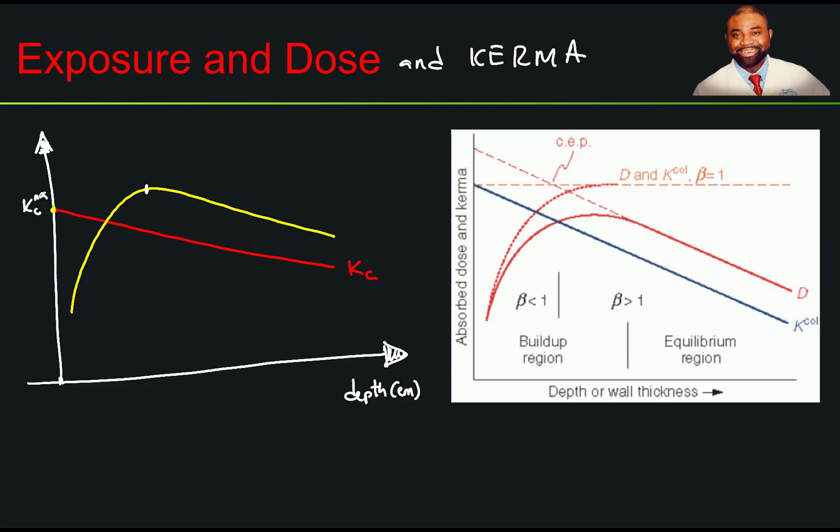So this is Dmax. We can divide this graph into two regions. This region is what we call the build-up region, and this region is what we call the equilibrium region.